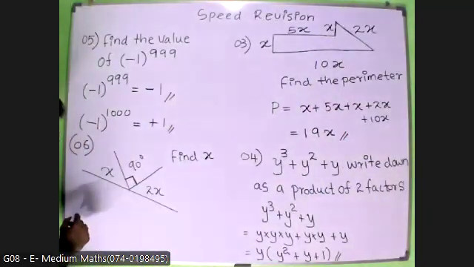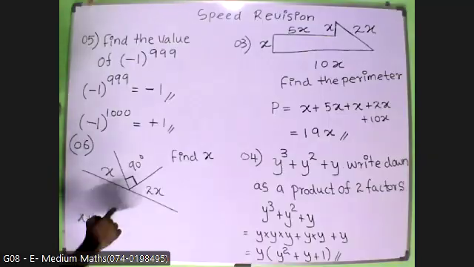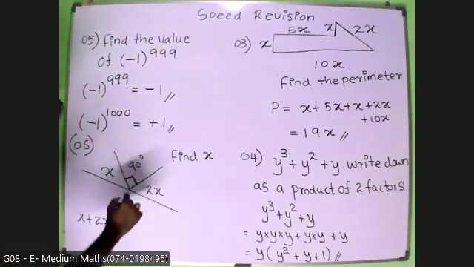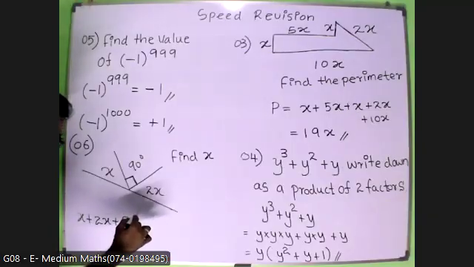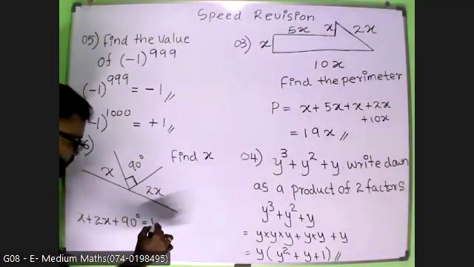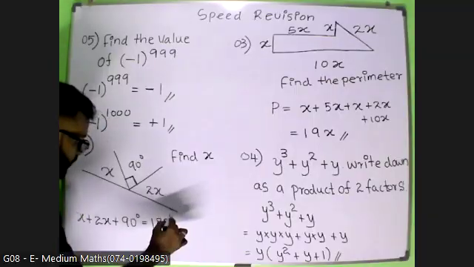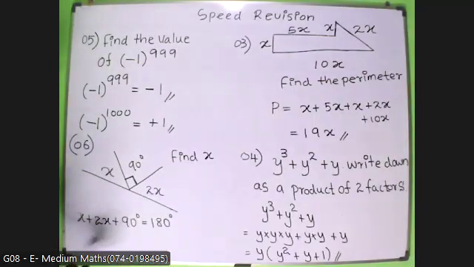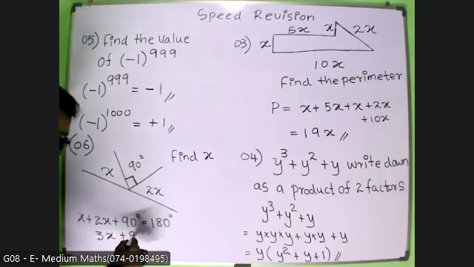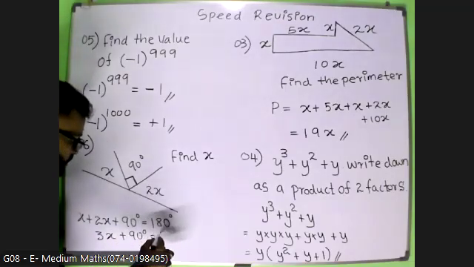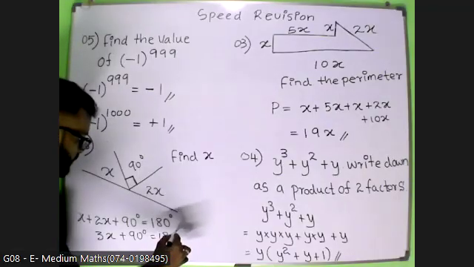So you can write x plus 2x plus 90 equals 180. So this is the thing, right? Angles on a straight line. x plus 2x is 3x, plus 90 equals 180.